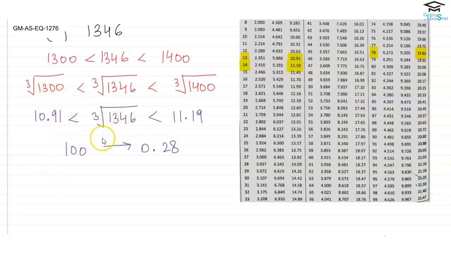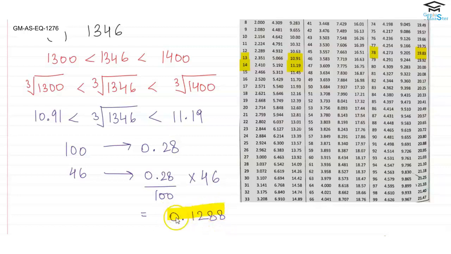So we will find the difference between the cube roots for 46 digits, which will be 0.28 divided by 100 into 46. So this will be equal to 0.1288. So this is the difference between the cube root of 1346 and cube root of 1300.